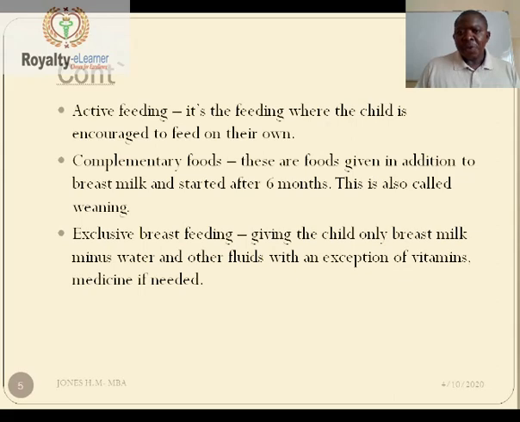Complementary foods can be given after 6 months to supplement the child's nutrition, because as they grow, the need for nutrients also increases. Remember exclusive breastfeeding for 6 months, because if you bring in complementary foods earlier, you are going to affect the child's appetite.